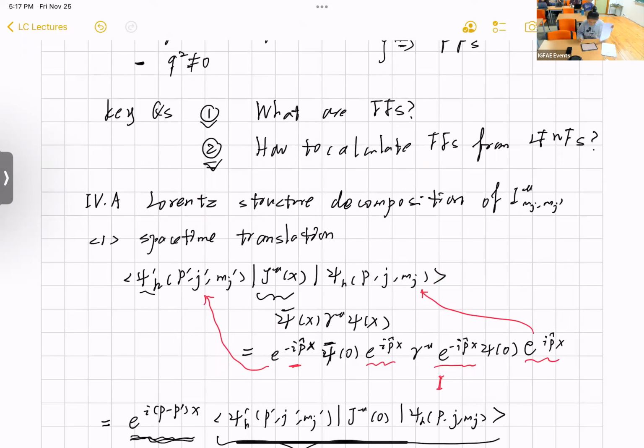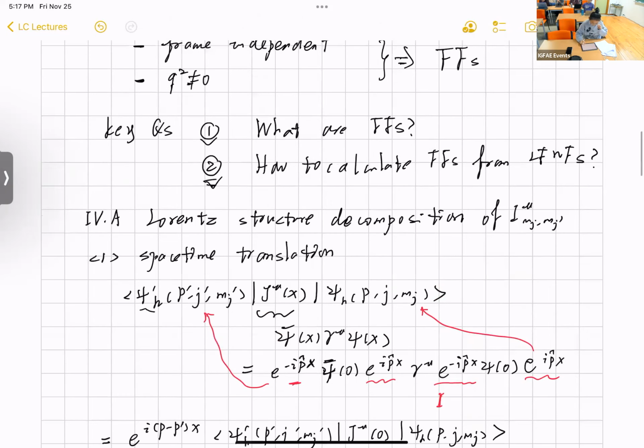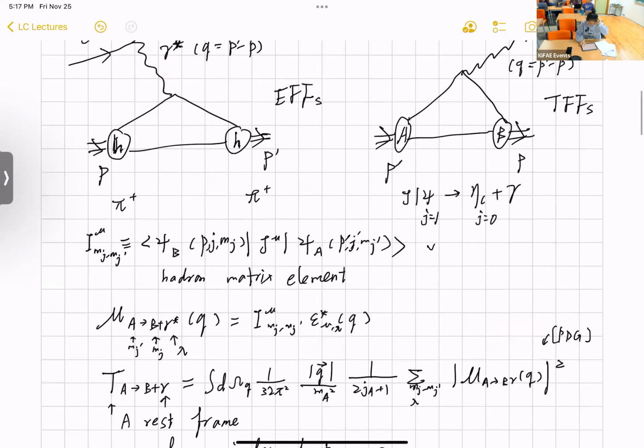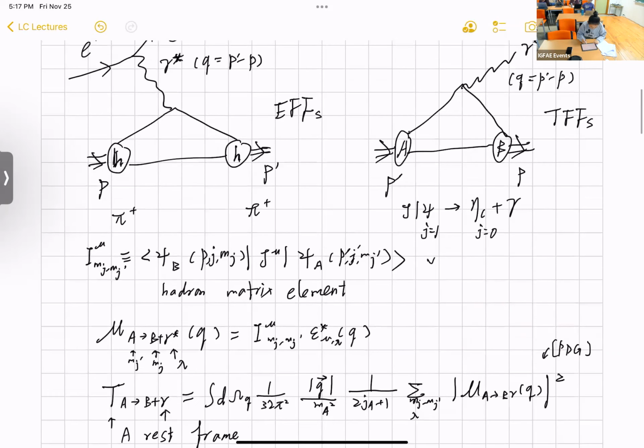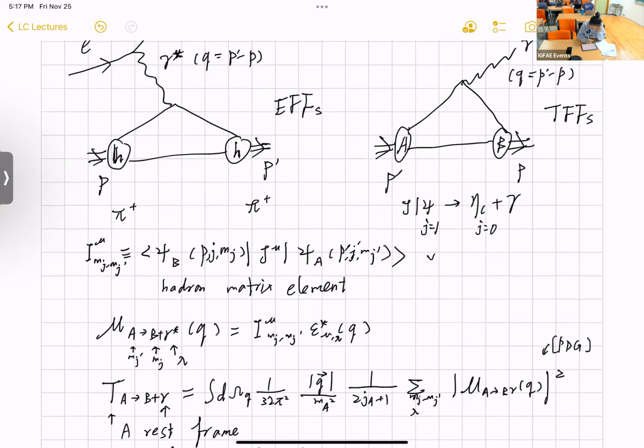So recall that, to calculate the form factors from the light-front wave functions, let's zoom out to go back to what we started with here. We have known how to decompose this hadronic matrix element into the form factors. So we know the form factors with some Lorentz vectors.